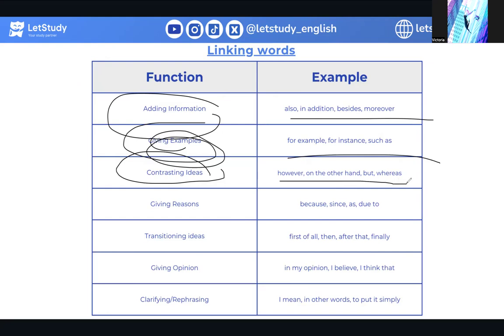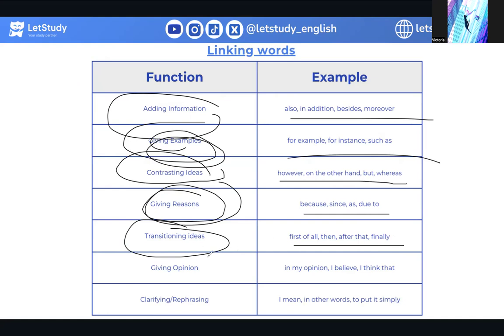However, on the other hand, but, whereas. It can also be used to give reasons, because, since, as, due to, transitioning ideas, first of all, then after that, finally. Jadi misalnya, well, first of all, this happened, and then, blah, blah, blah.